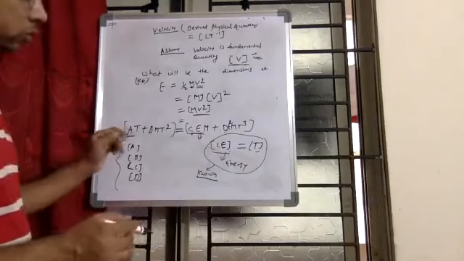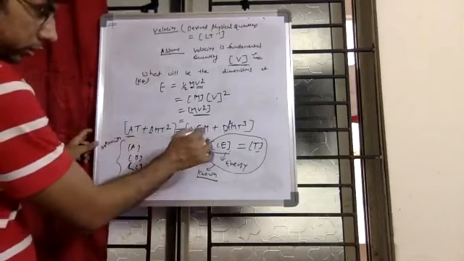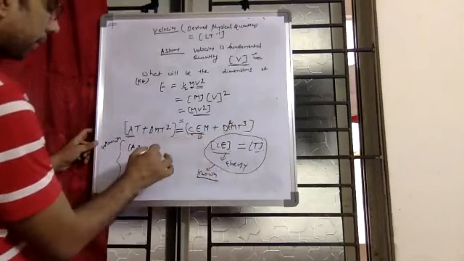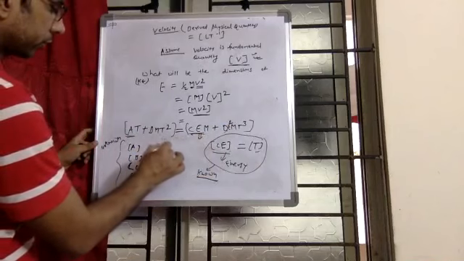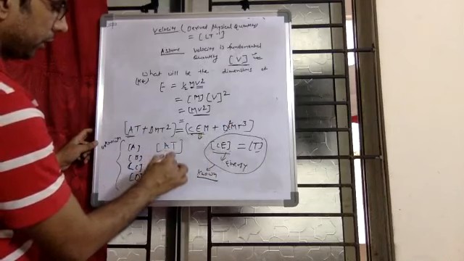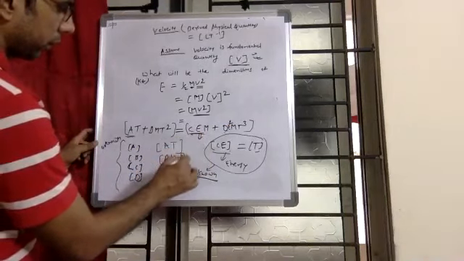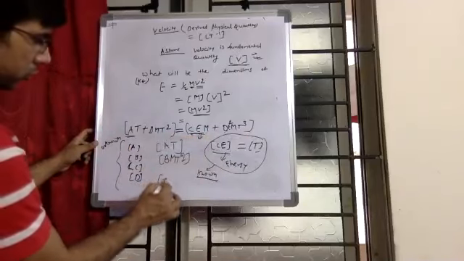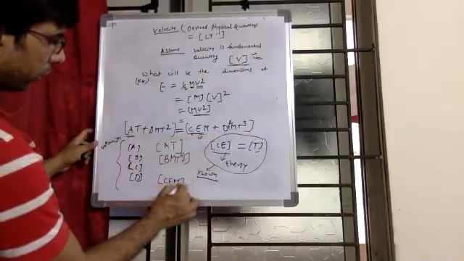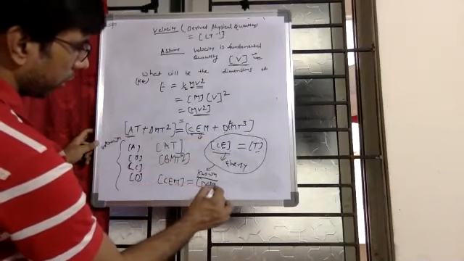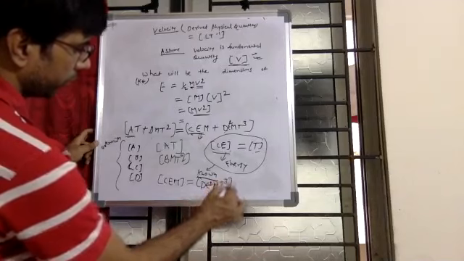Now the second concept: we only add quantities of the same dimension. That means the dimension of AT will be the same as the dimension of BMT square. The similar concept holds for the right hand side: the dimension of CEM will be the same as the dimension of DE square MTQ.